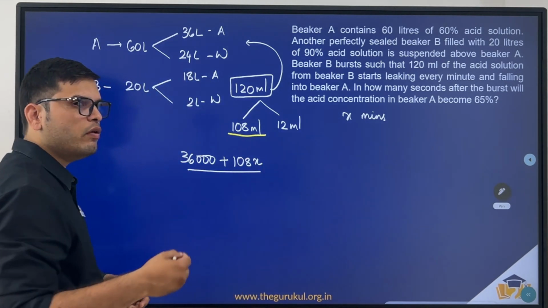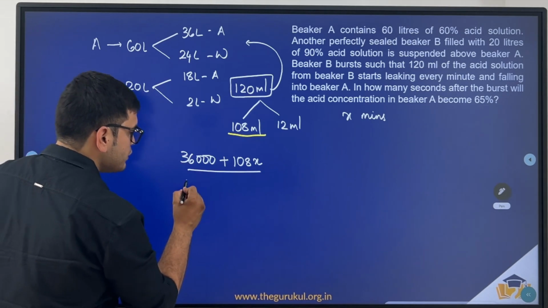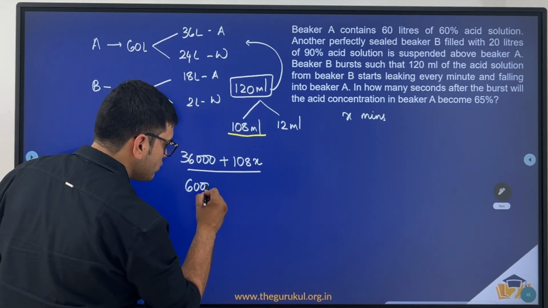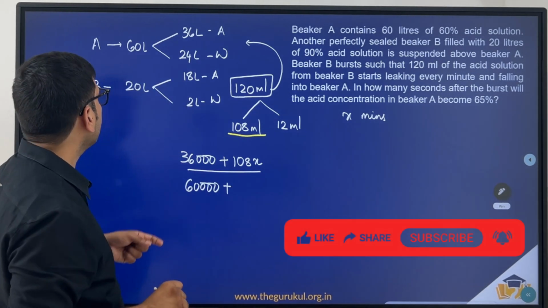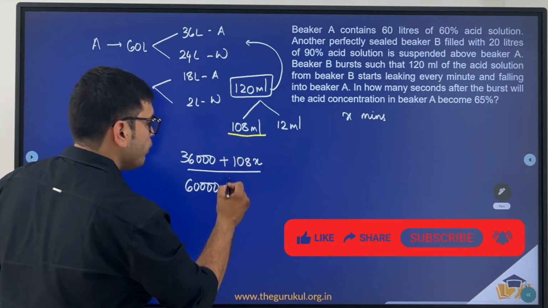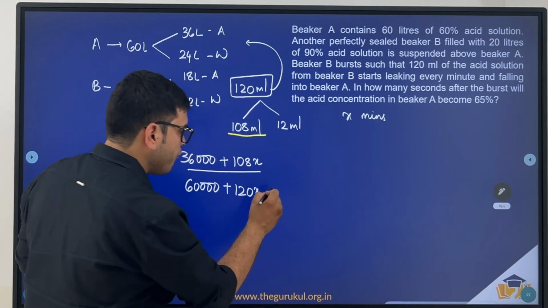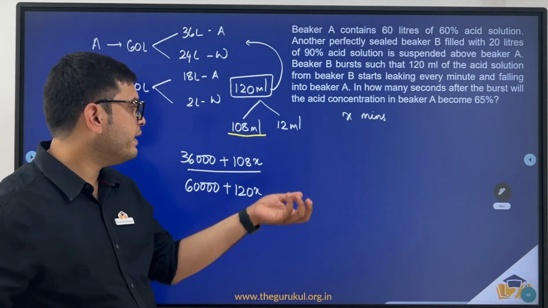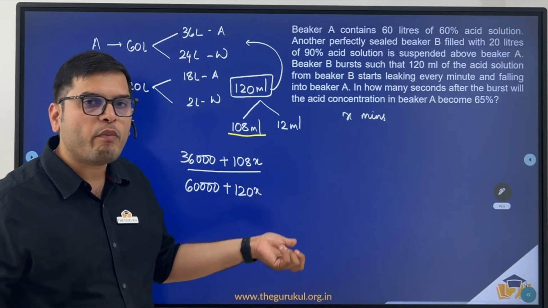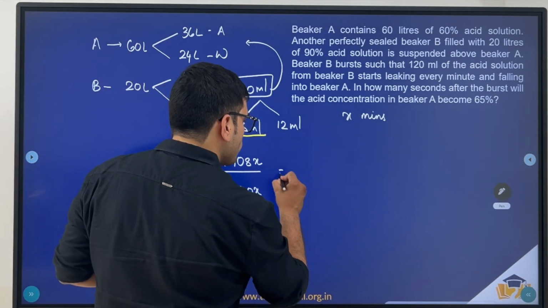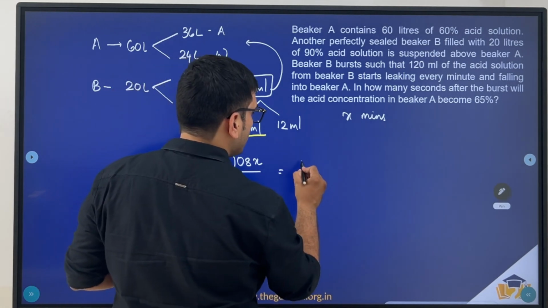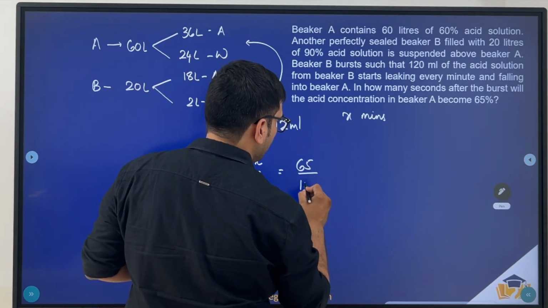What would be the volume of the final solution? 60 liters, that means 60,000 plus 120 into x. So every minute you have 120 ml leaking into beaker A. After x minutes, it would be 120x.